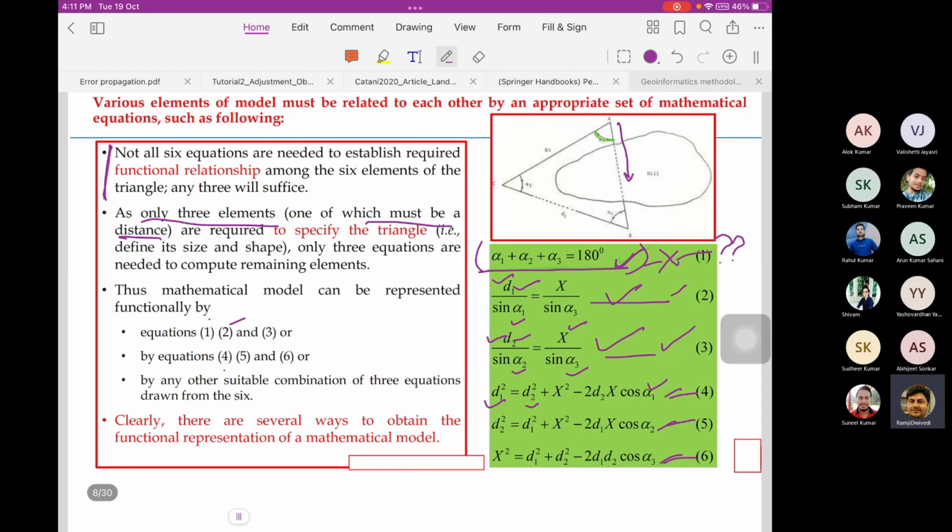The objective should be to have a consistent x. Nobody would accept your result if you come with 6 different x values, isn't it? The objective of adjustment, as we also discussed, is that there should be one consistent x.